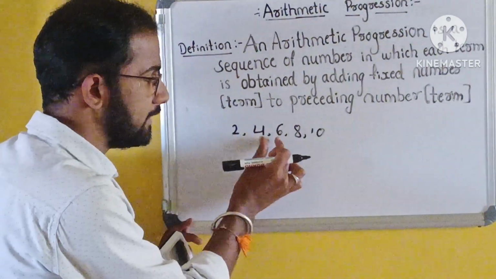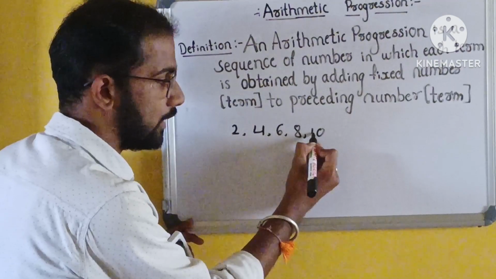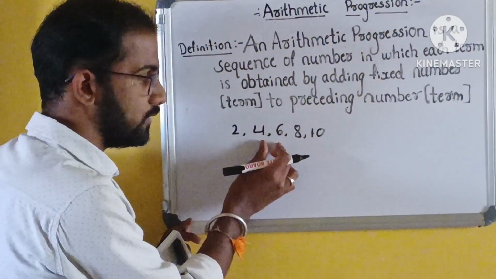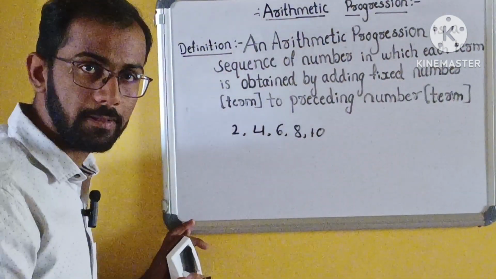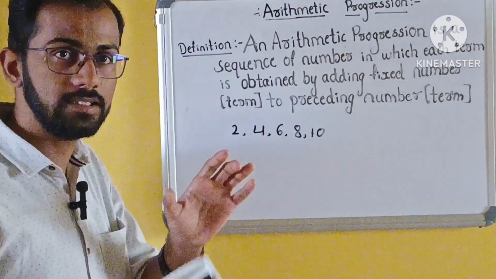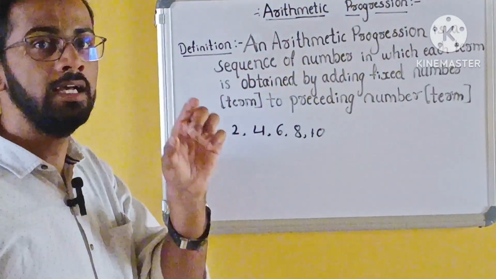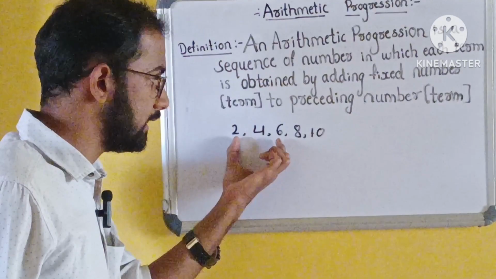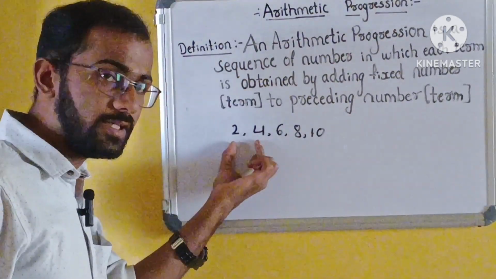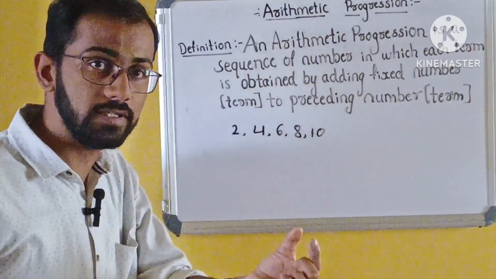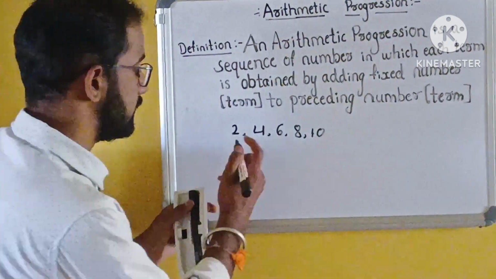It means the difference between two consecutive numbers should be the same. In simple words, an arithmetic progression is a sequence of numbers in which the difference between two consecutive numbers should be the same.